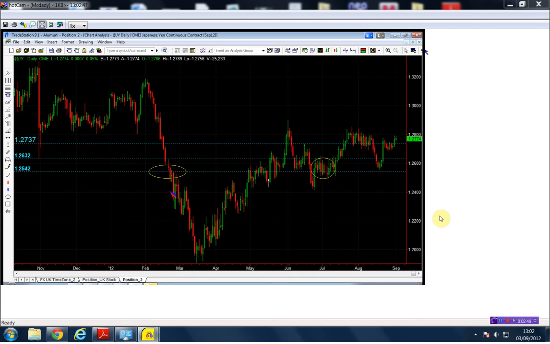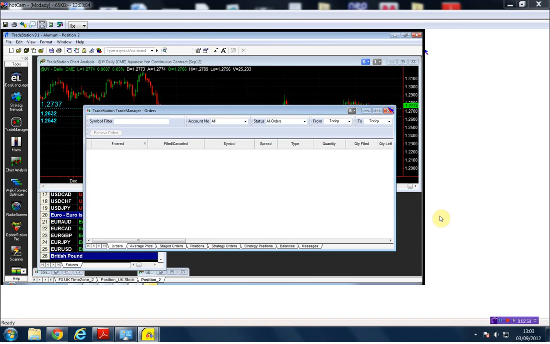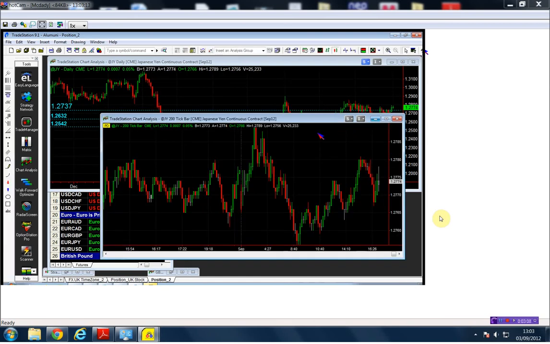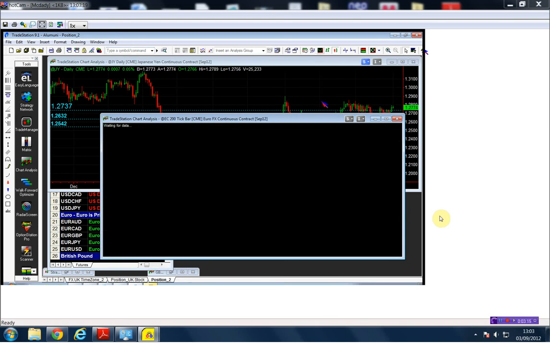If I put another chart here, as you can see, this is a chart for the euro, and the one on top is the chart for the yen.